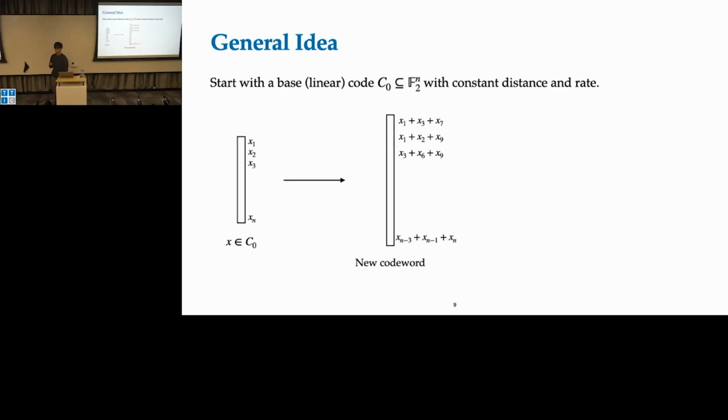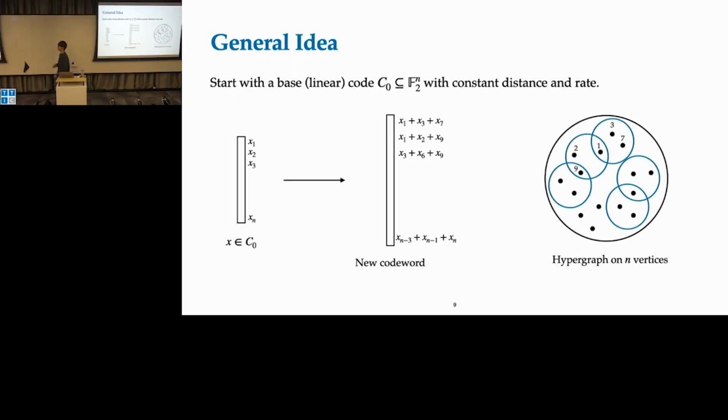This can be represented using a hypergraph. Here we have a hypergraph on n vertices. Every hyperedge corresponds to one entry of the new codeword. So for example, the first entry of the new codeword is x1 plus x3 plus x7. This is represented by this red hyperedge here.